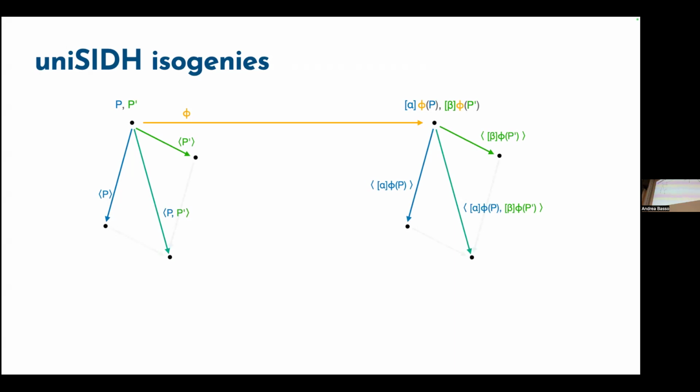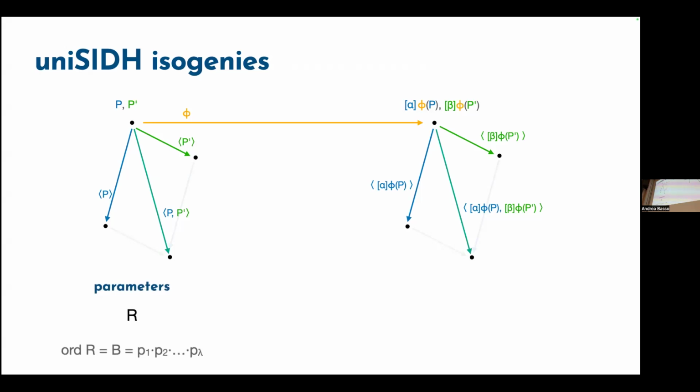And the good thing is that if we have t points, then we can compute 2 to the t possible isogenies and their push forwards simply by selecting a binary subset of these points that we want to include in the kernel. And this gives rise to these uniside isogenies that have unknown degree, because the degree corresponds precisely to the selection of points that we want to include in the kernel.